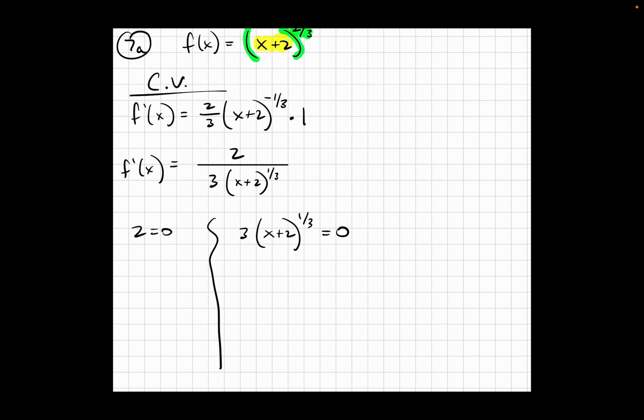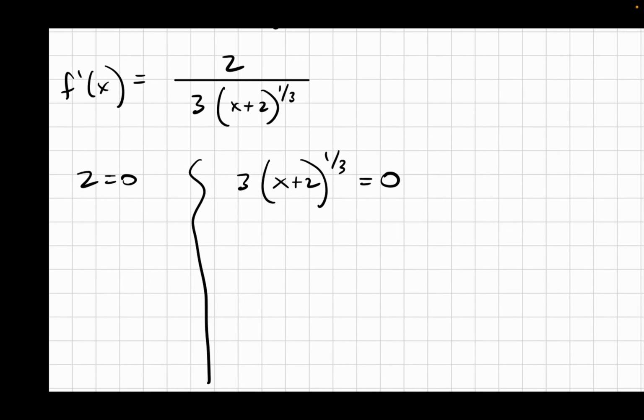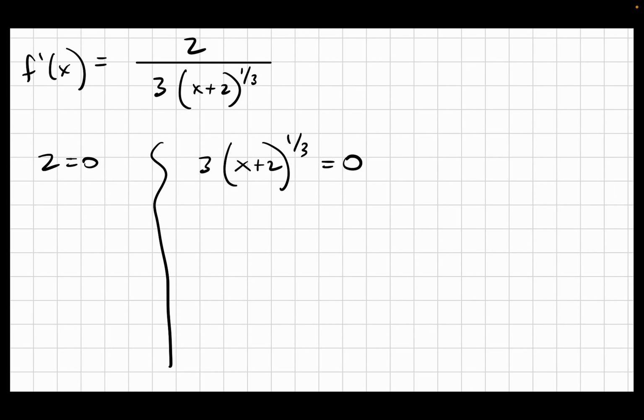The first one, 2 is never going to be 0, so this guy's not going to give me any answers I can use. This guy over here can. Solve for x. So I need to divide by 3.